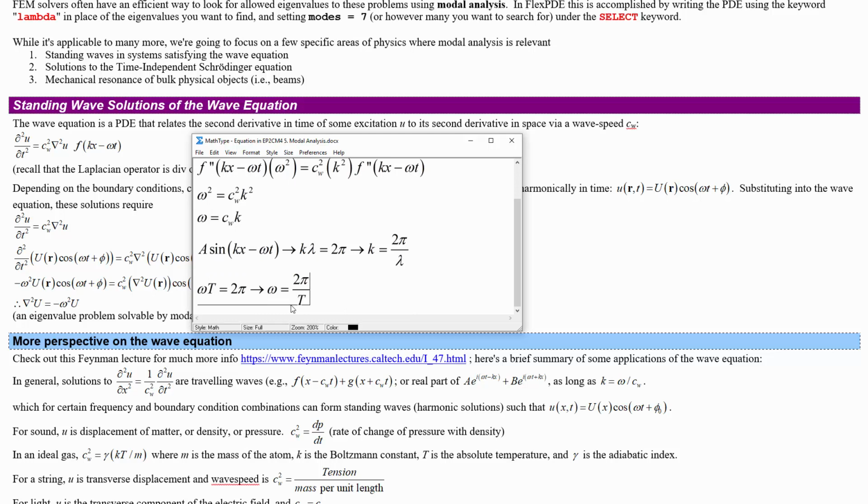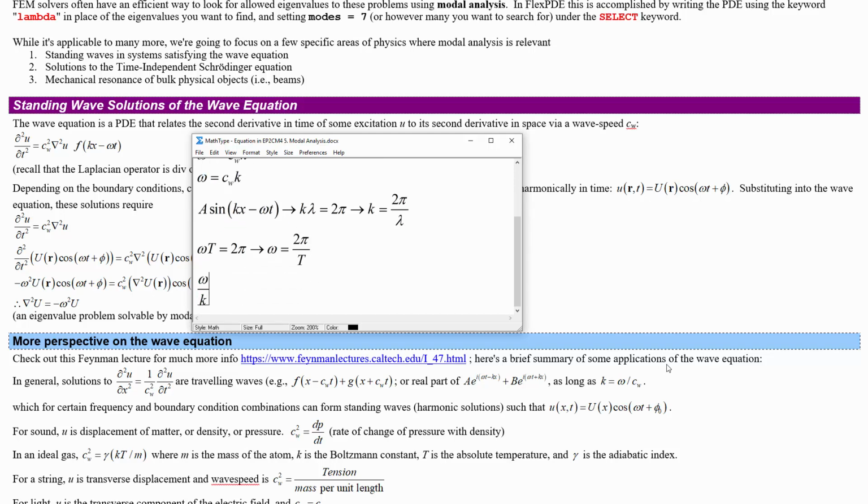All right, what we found up here is that omega divided by k is supposed to equal the wave speed. But let's check what omega over k equals in this setup. Omega over k would equal 2 pi over the period divided by 2 pi over the wavelength.